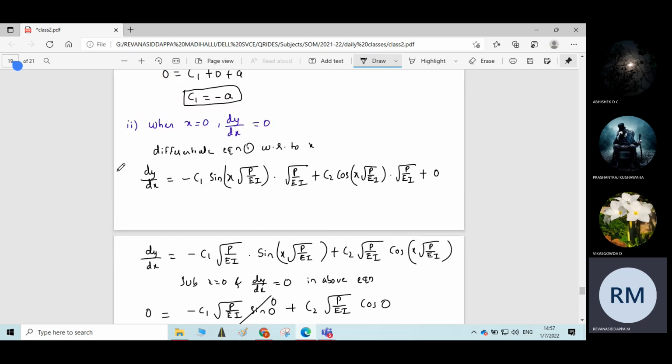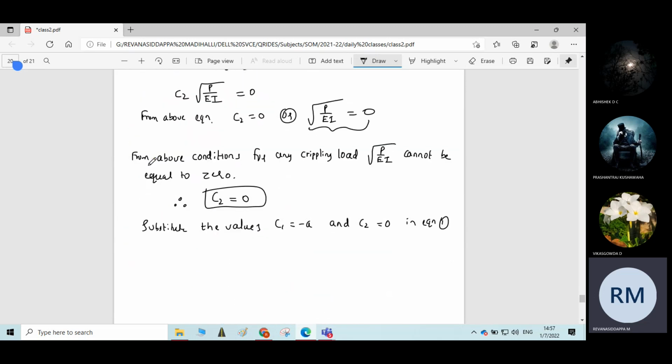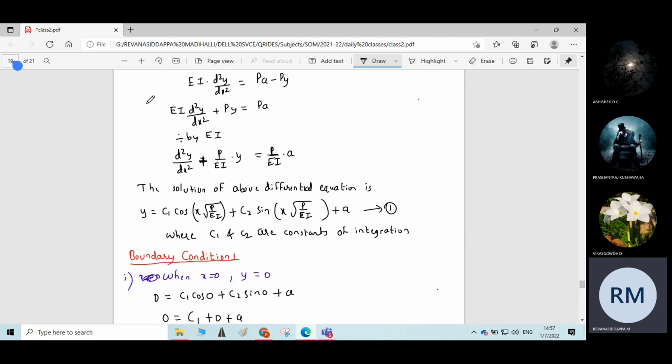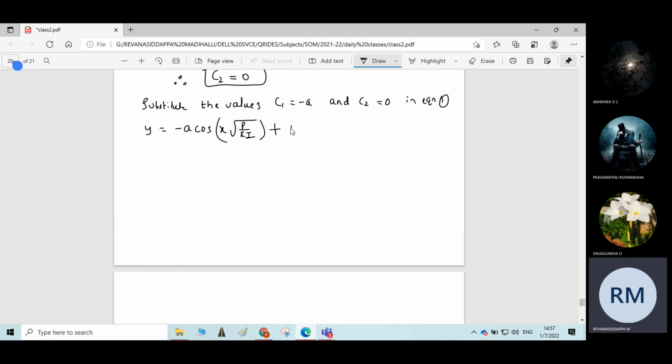In equation 1, what is it? Y is equal to C1, which is minus A cos x root P by EI, plus C2, which is 0. So y equals minus A cos x root P by EI plus A, as it is.